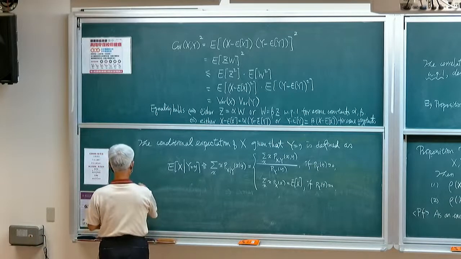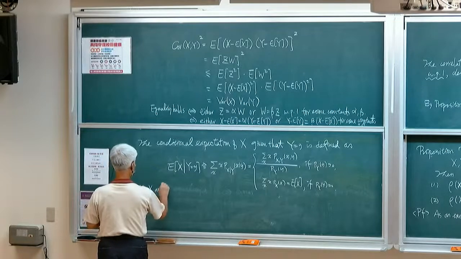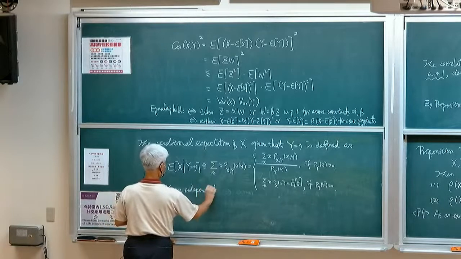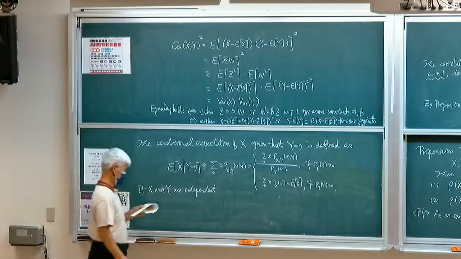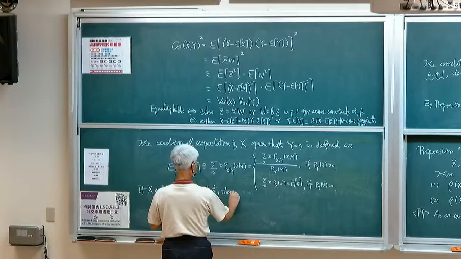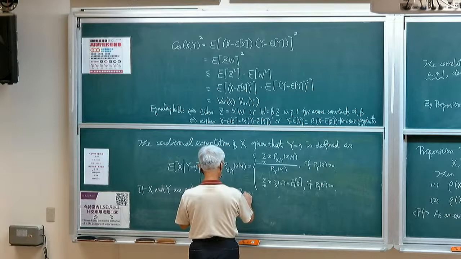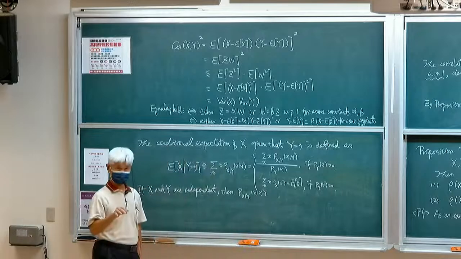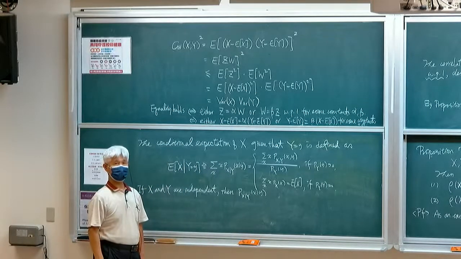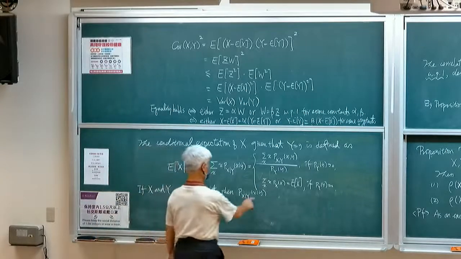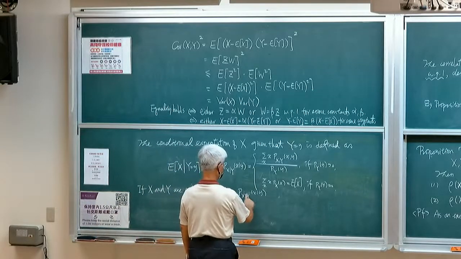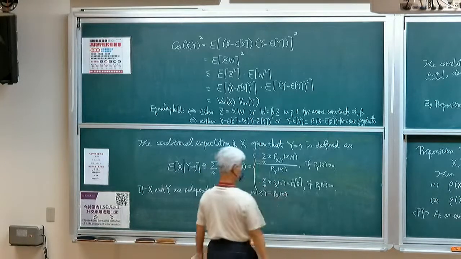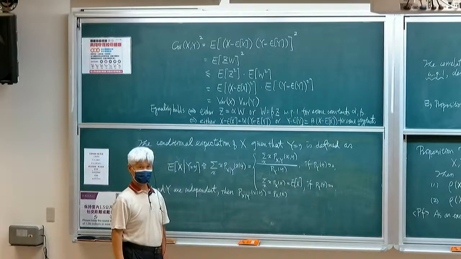Now, if X and Y are independent, then we know the conditional PMF of X given that capital Y equals little y is equal to the marginal PMF of X. Okay?